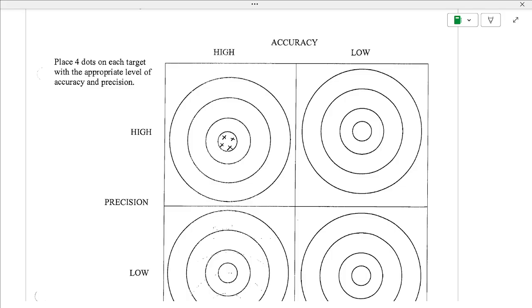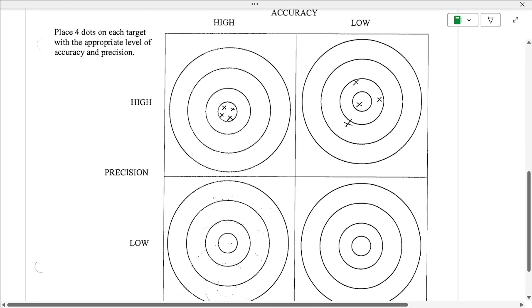Well, that means he'll be around the bullseye. He might hit it once in a while, but he's not consistently hitting the bullseye because he's not very precise. He's accurate, he's around where he's supposed to be, but he's not consistently getting the same thing over and over again.